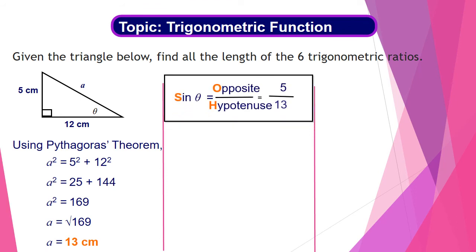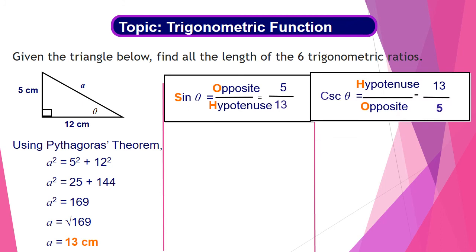So our sine will be the opposite over the hypotenuse, which is 5 over 13, while the cosecant will be hypotenuse over opposite, 13 over 5.